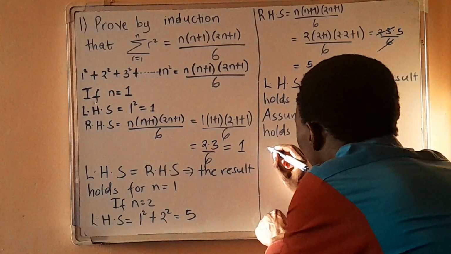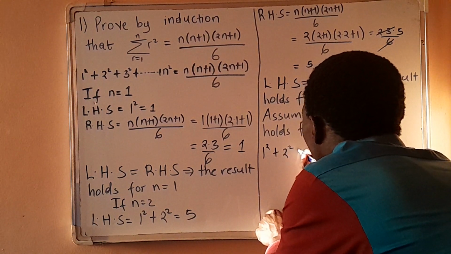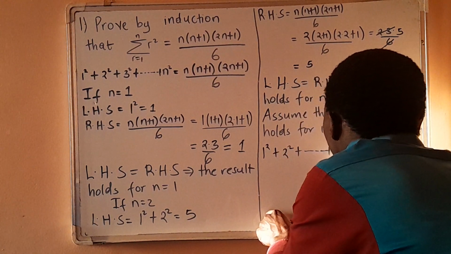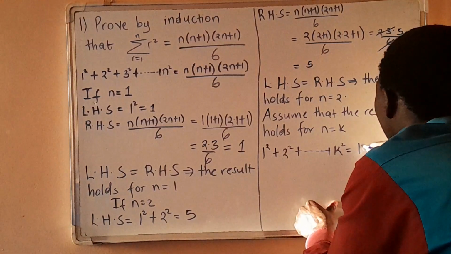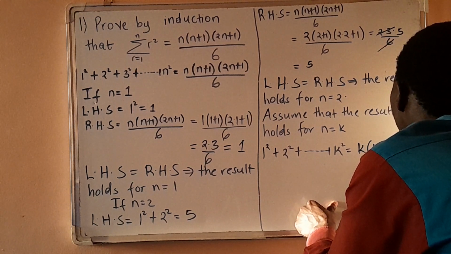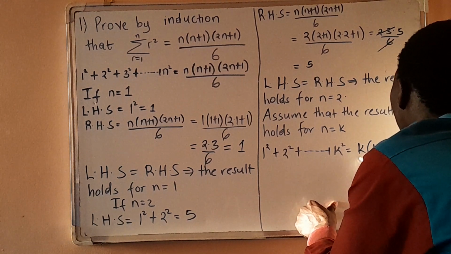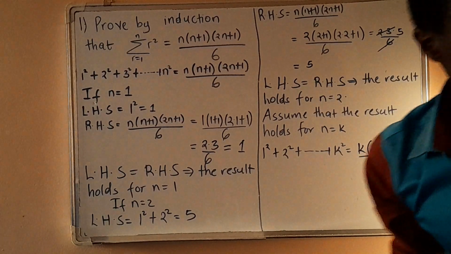We shall have 1 squared plus 2 squared plus up to k squared equals k times (k plus 1) times (2k plus 1) over 6.